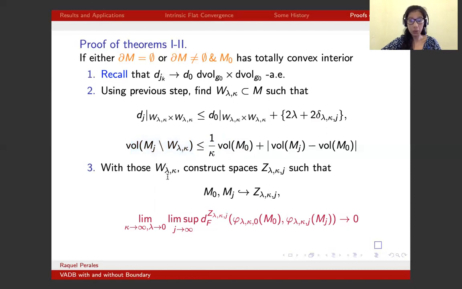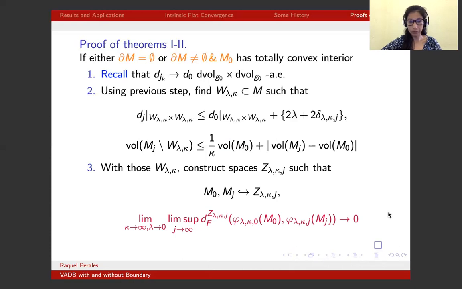And then once we have these sets W lambda kappa, we will be able to construct a bigger space, zeta lambda kj, in which we can isometrically embed M0 and Mj. And then, as I explained before, we will take the lim sup and the lim of the flat distances, and this will converge to 0.